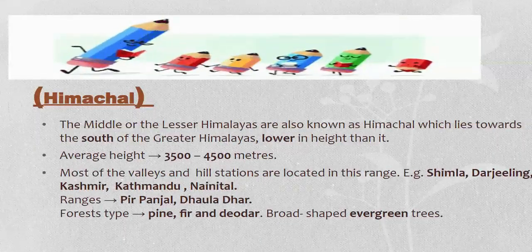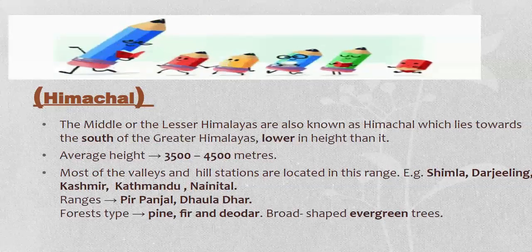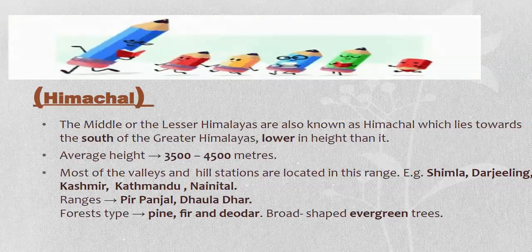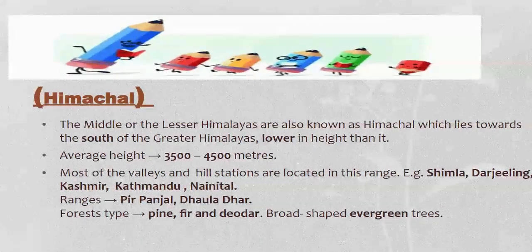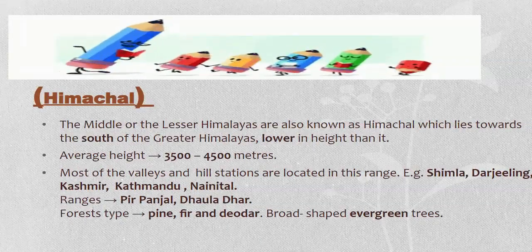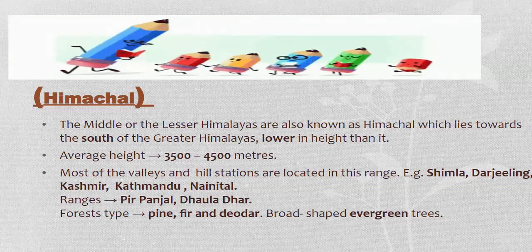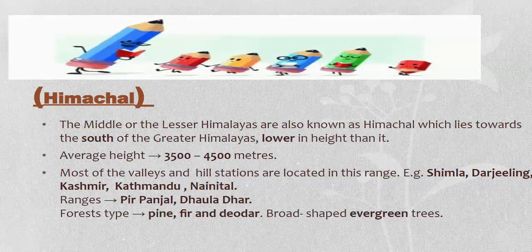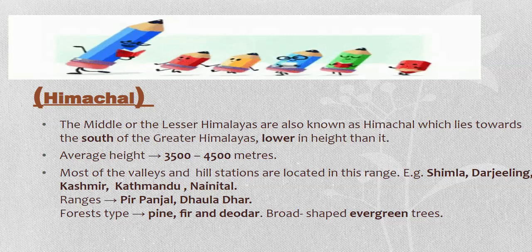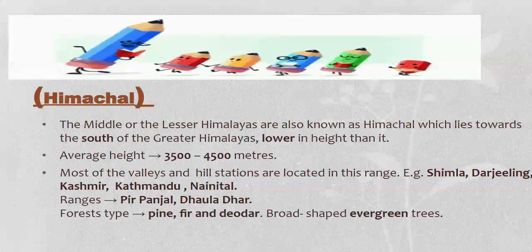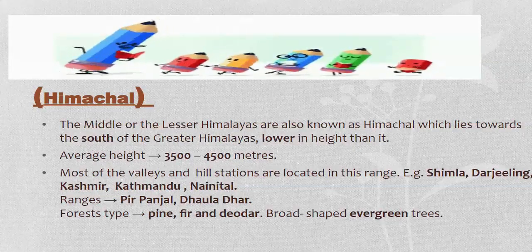The middle or the lesser Himalayas are also known as Himachal, which lies towards the south of the greater Himalayas, and it is lower in height than it. That means the greater Himalaya is at the first number, and the middle or the lesser Himalayas are at the second number.